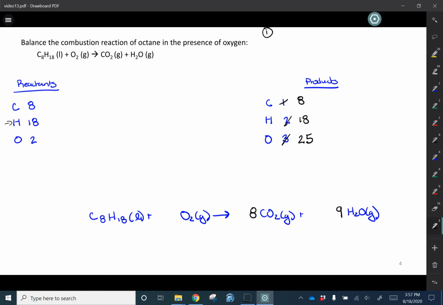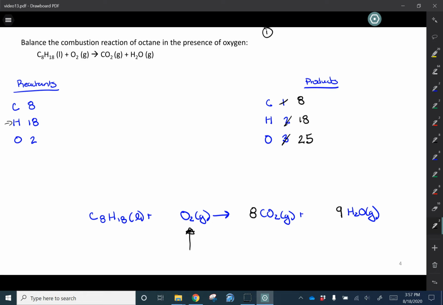So now our next step, we think about going over to the reactant side and changing the number of oxygens. Can we do that? Can we just change the number of oxygens here to get to 25? No, because this has got to be an even number of oxygens. You see that? We have to have oxygens in multiples of 2.